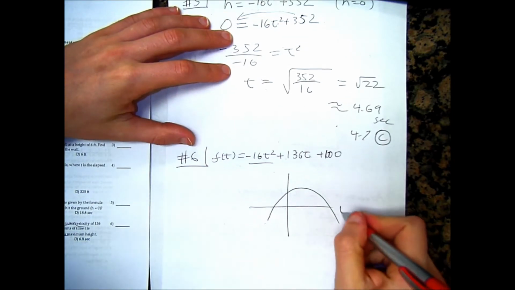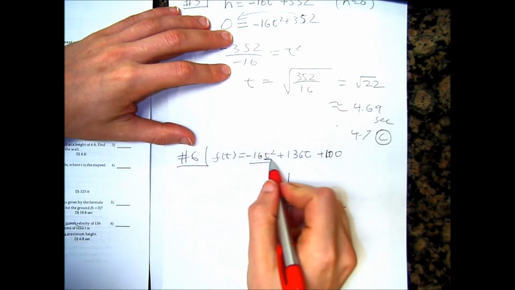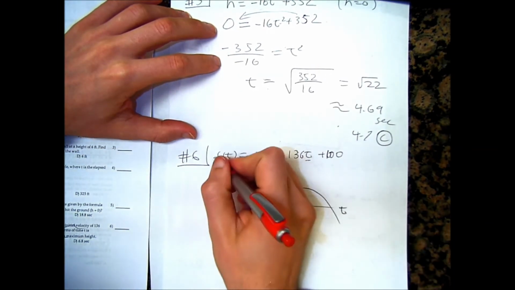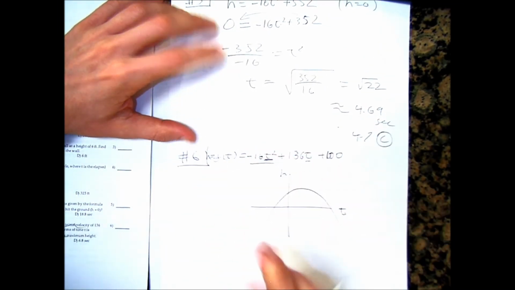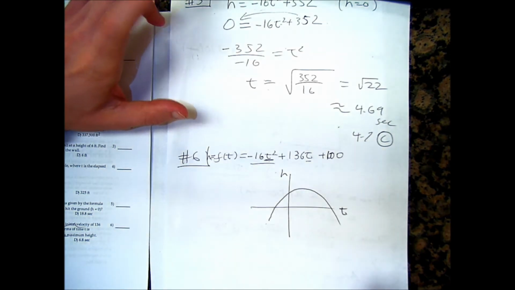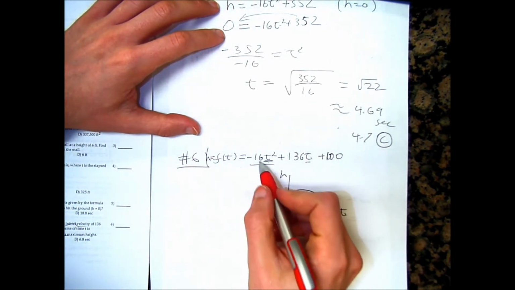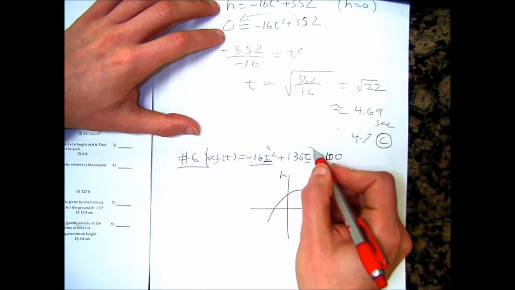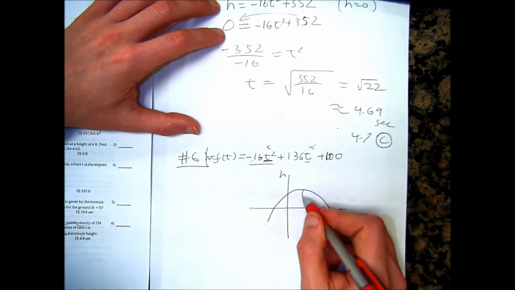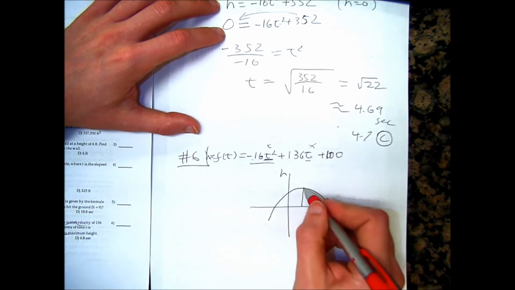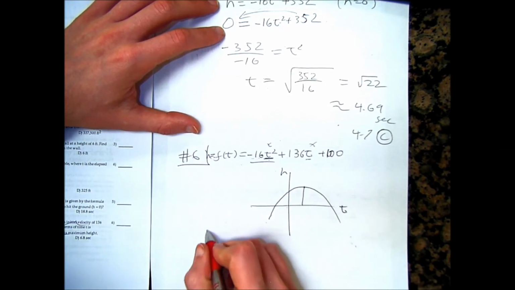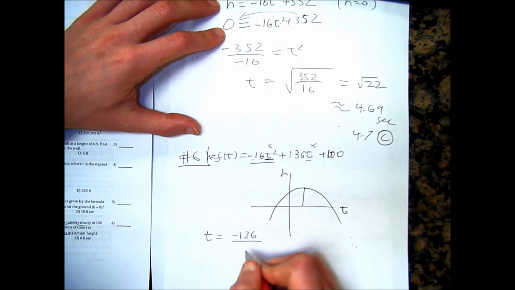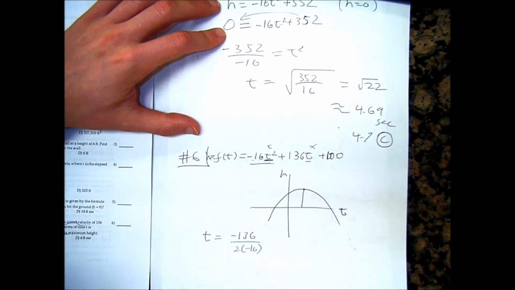Well, time is the independent variable, or the x-axis, and then height is the y-axis. So I know that if this was negative 16x squared plus 136x, then the x value of the vertex, which is the maximum, is going to be negative b over 2a.